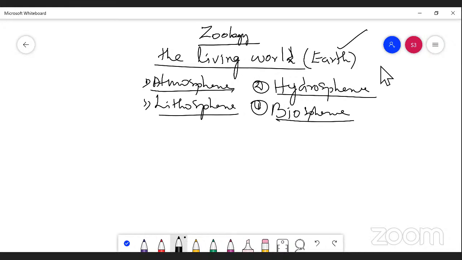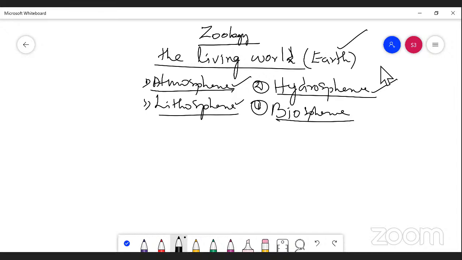In the atmosphere there are many microbes. In the hydrosphere there are many microbes, and aquatic plants and animals live there. In the lithosphere, one of the parts of the earth surface, there are many life forms.